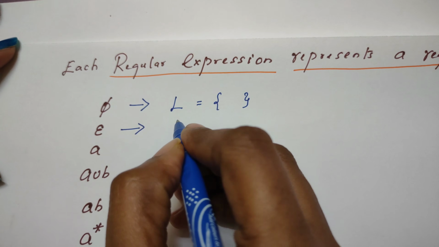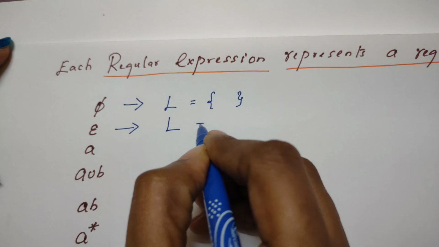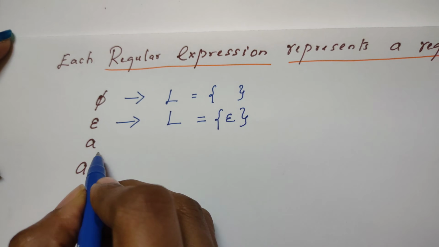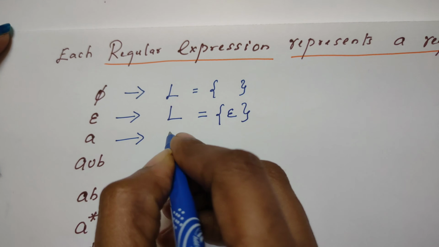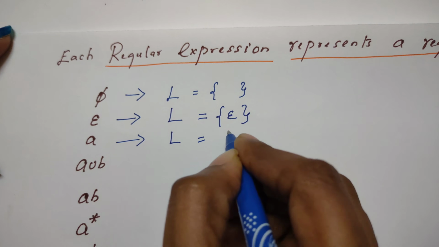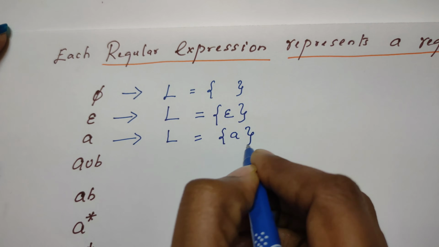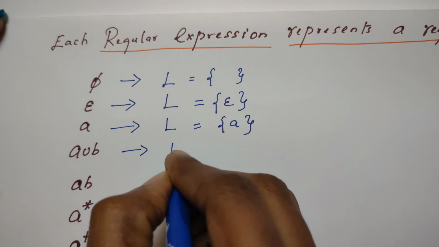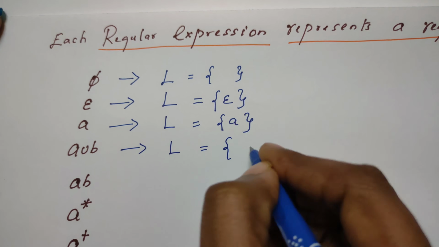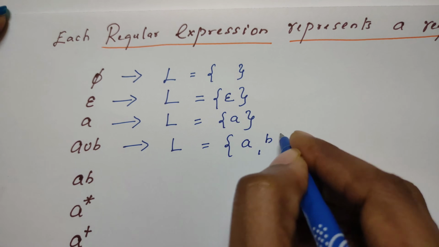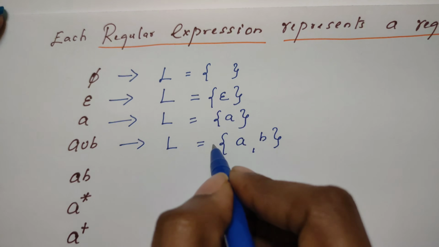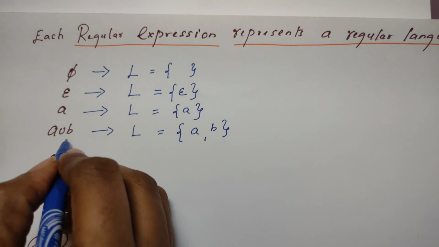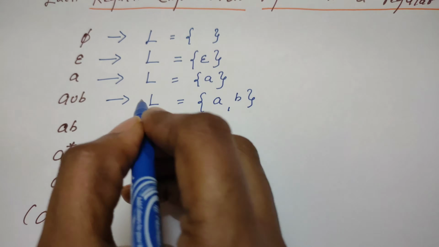Next, epsilon is a regular expression. If epsilon is a regular expression, the corresponding regular language contains one and only string, epsilon. If A is a regular expression, the corresponding regular language contains only the string A. If A union B is a regular expression, the corresponding regular language contains two strings, one is A, another one is B. We can tell vice versa also.